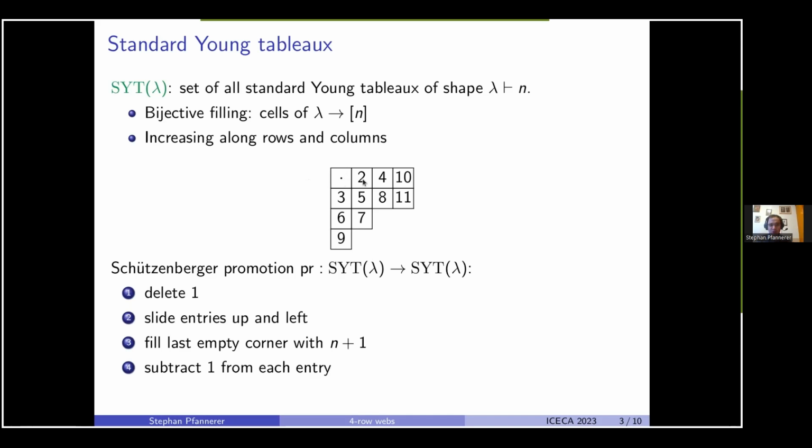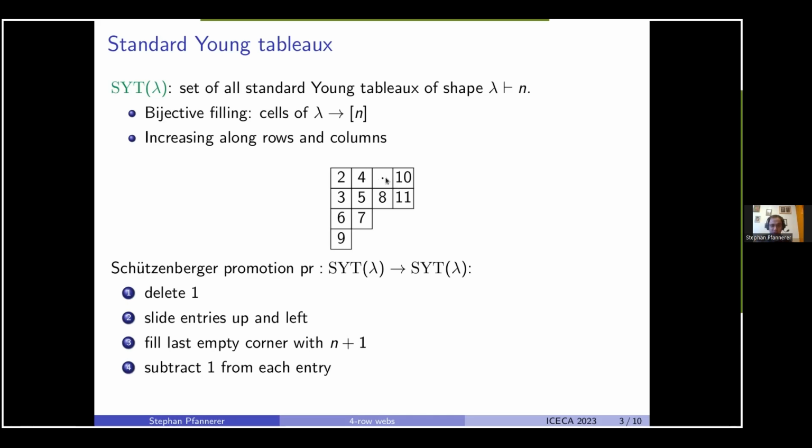We want to slide the entries from the right and below into this empty cell, such that we are still increasing along the rows and the columns. We cannot slide the 3 up because that would make the first row not increasing because of 3 and 2, so we move the 2. Similarly, now we cannot move the 5 up because then the first row would not be increasing, so we move the 4.